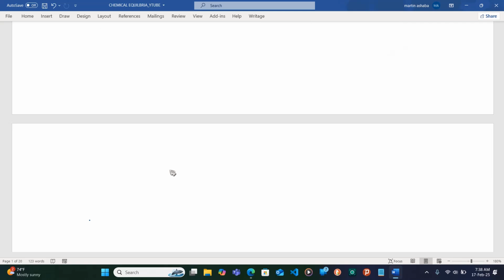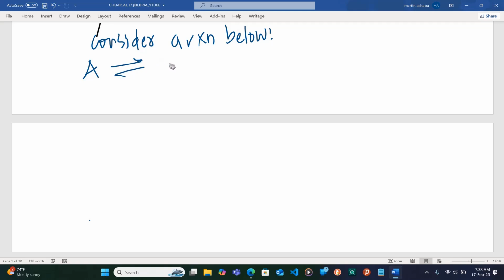So now to begin our discussion fully, we are going to consider this reaction where we have A that is forming B, and this is going to be a reversible reaction. In other words, the products at state B can recombine to form A. That's what this represents.